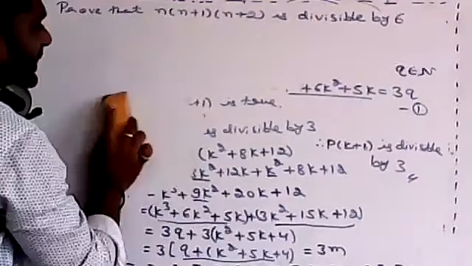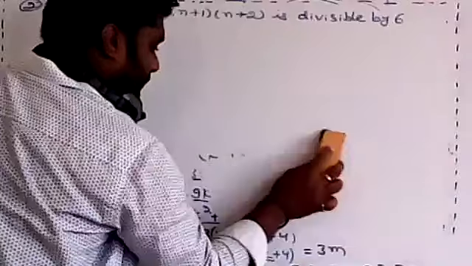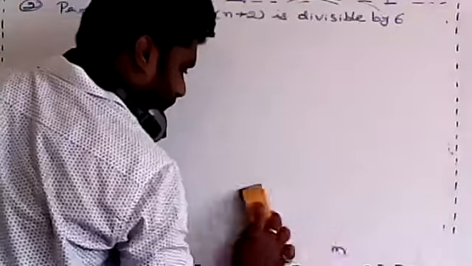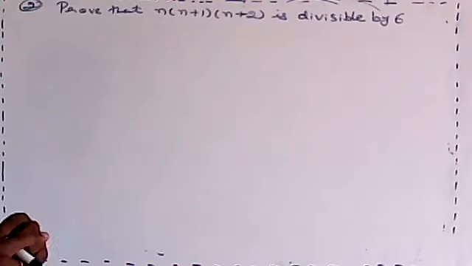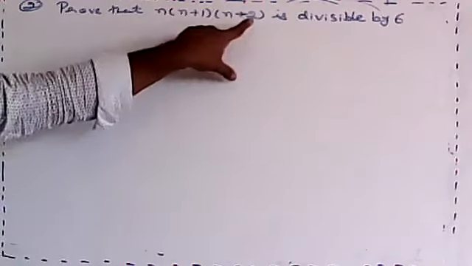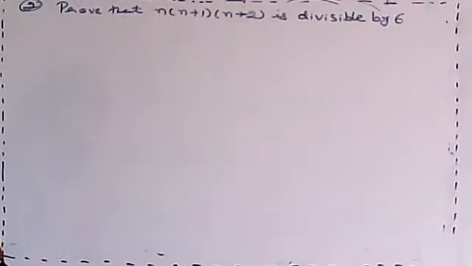Same like this only you move. Okay, take for homework that one. Same type you have to solve. Okay. So prove that n into n plus 1 into n plus 2 is divisible by 6. Okay, can I take the next one?